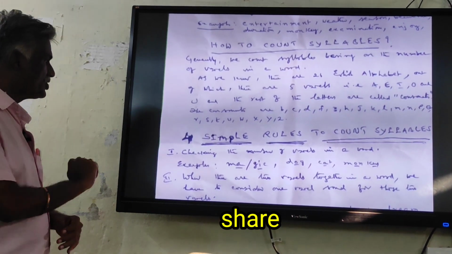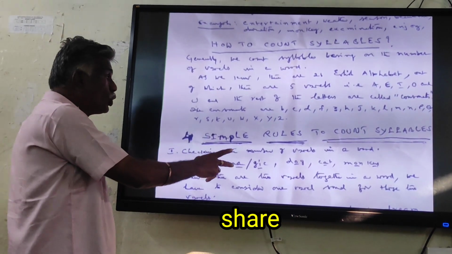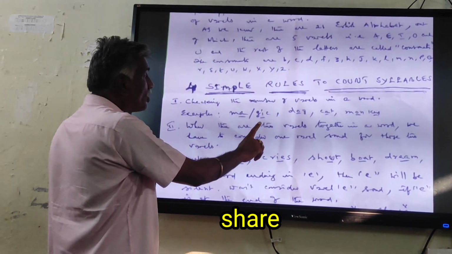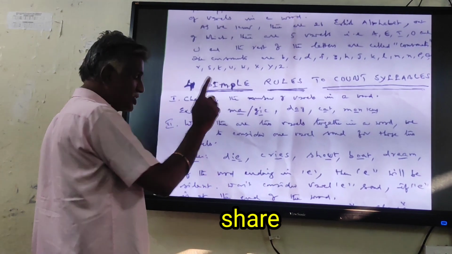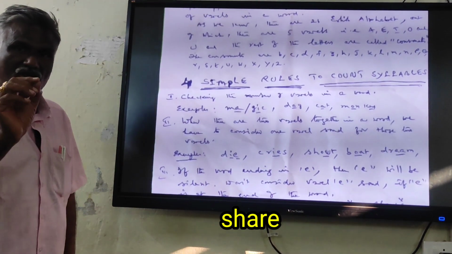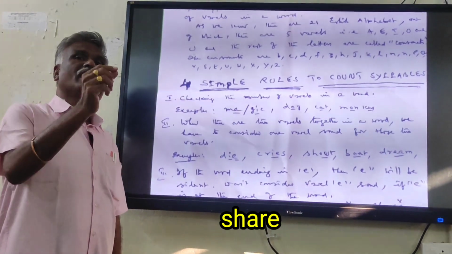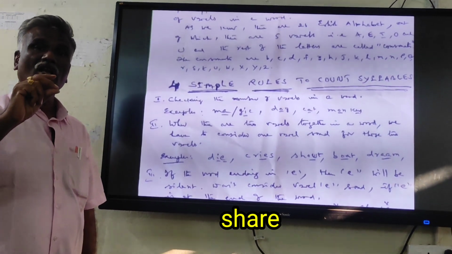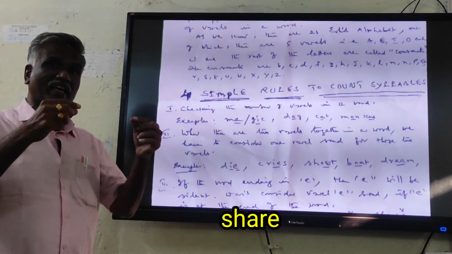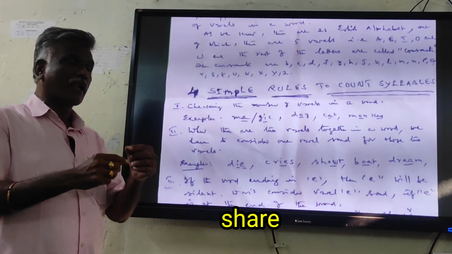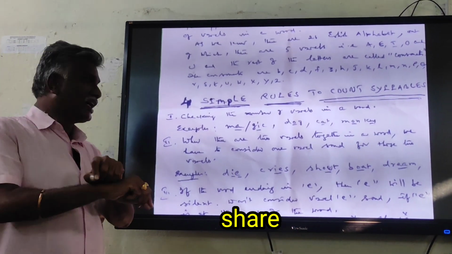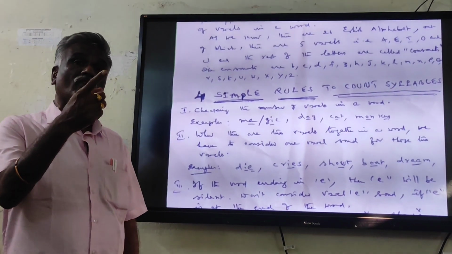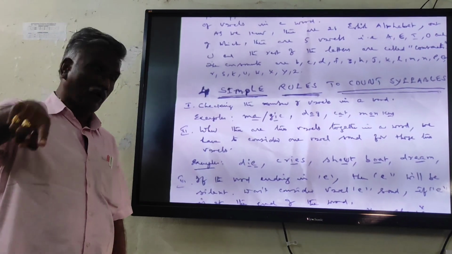Next, the second rule is, when there are 2 vowels together in a word, we have to consider one vowel sound for those 2 vowels. There are 2 vowels together side by side. When they are together, we consider only one vowel sound, even if there are 2 vowels.